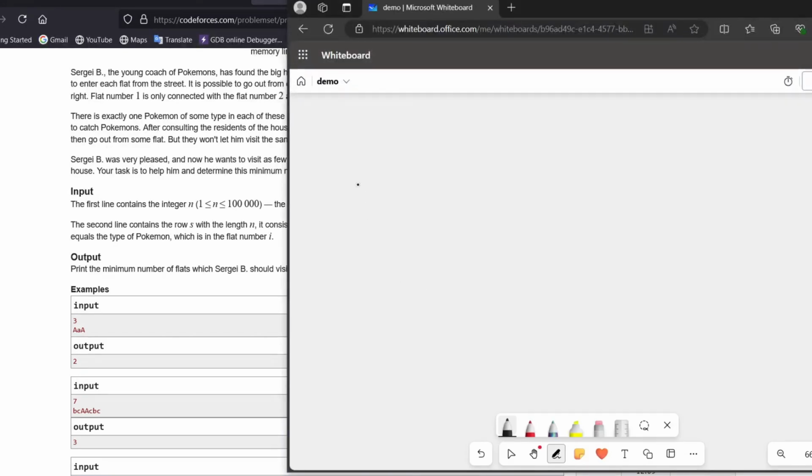First, we should find the number of Pokemon types. So in this example, B, C, A, C, B, C, we have 1, 2, 3 Pokemon types: A, B, C. So what do we know from this?